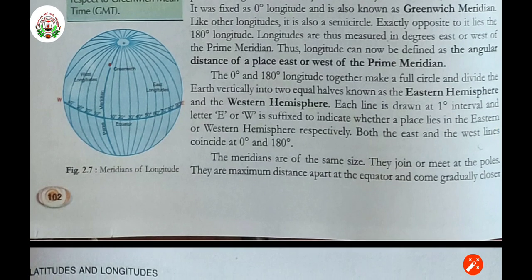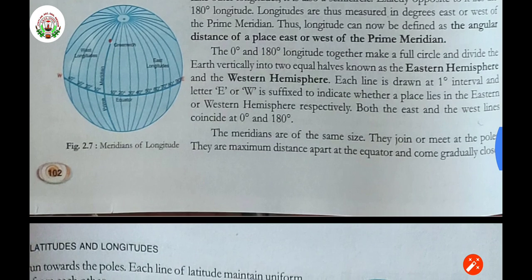In the same manner, E or W is suffixed to indicate whether the place lies in the eastern part or the western part, respectively. Both the east and the west lines coincide at 0 degree and 180 degree.